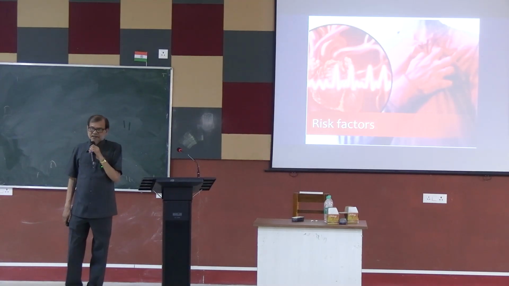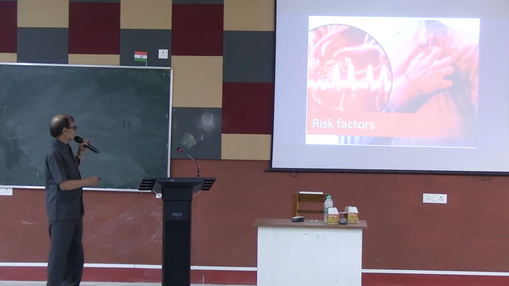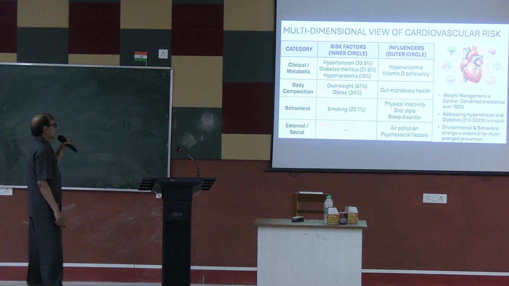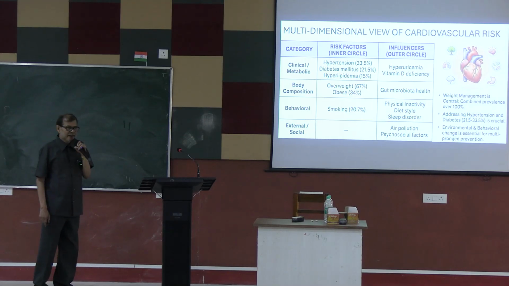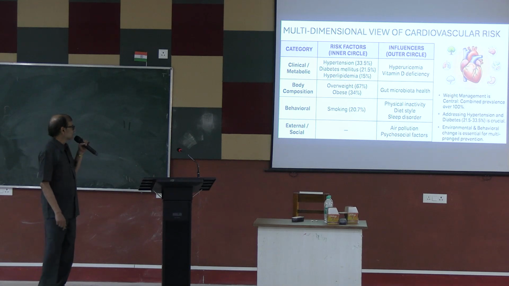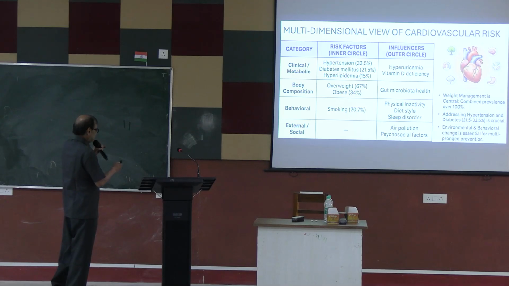Now, risk factors for heart disease or ischemic heart disease. Multi-dimensional view of the cardiovascular risk categories: clinical or metabolic. Second category, body composition. Third, behavioral. Fourth, external or social risk factors.